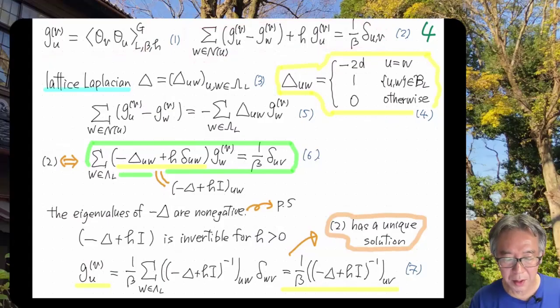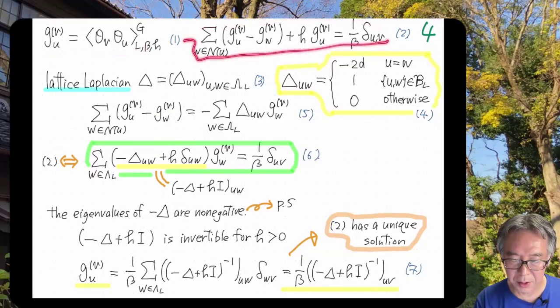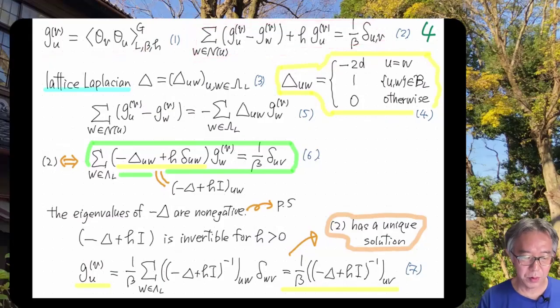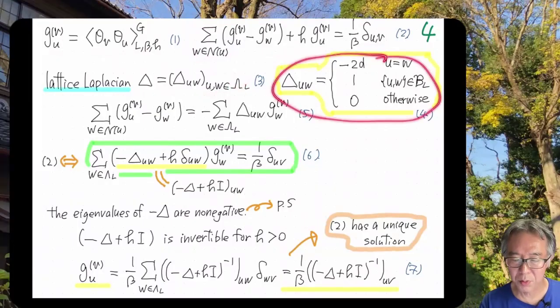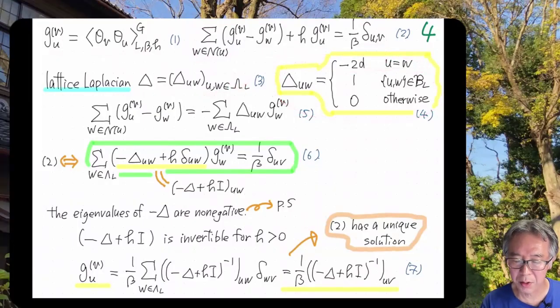Okay. Now, we can simply analyze this, but it's better to rewrite this by using something called the lattice Laplacian. This is a standard object, and this is just a matrix whose components are characterized by u and w in these lattice sites, and it's defined in this way. The diagonal has minus 2d, and the off-diagonal has 1 if u and w are neighboring, and 0 otherwise.